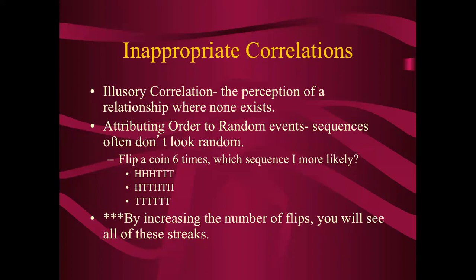Same thing can be said when people go to the casino. Oh, this table is hot. Oh, this table is cold. The idea of having a hot table or a cold table is similar to this illusory correlation or attributing order to random events.